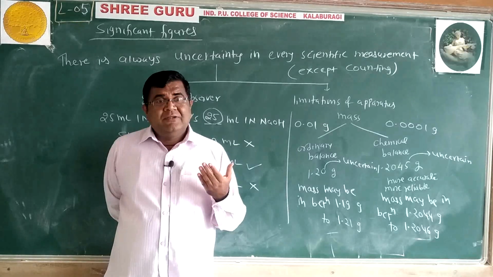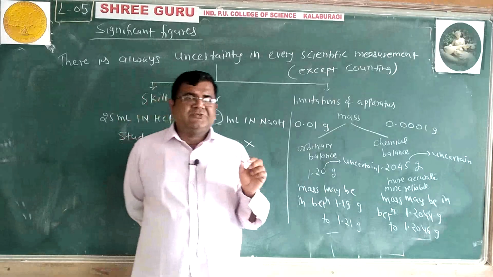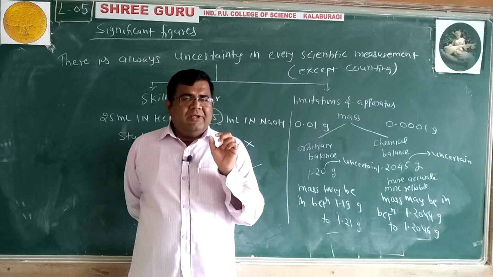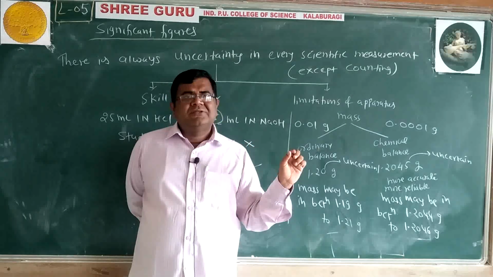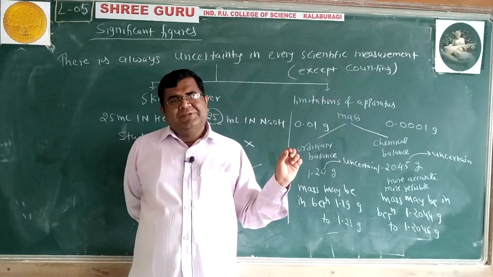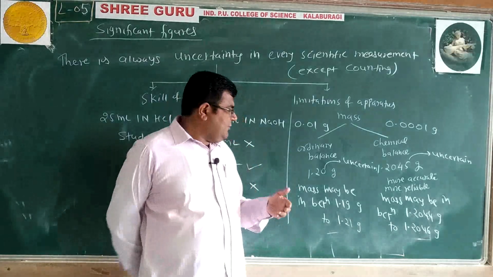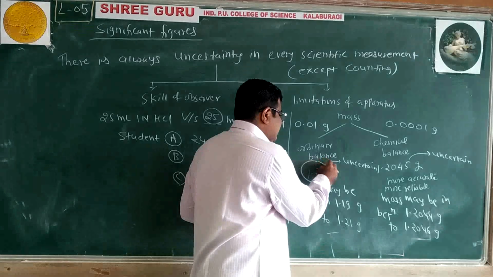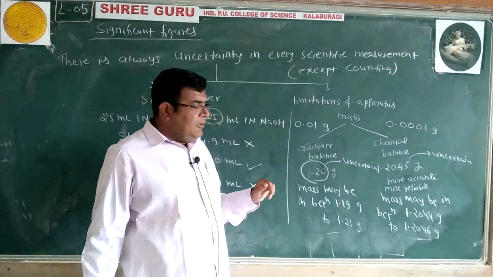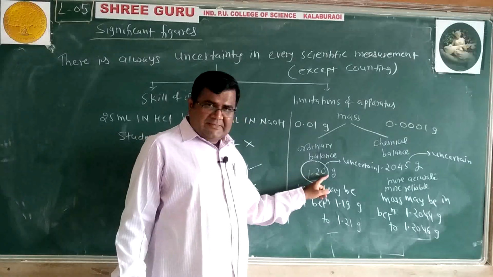There is always a last digit which is doubtful, and the digits before it are more reliable. So when a result is reported, we call it significant figures.